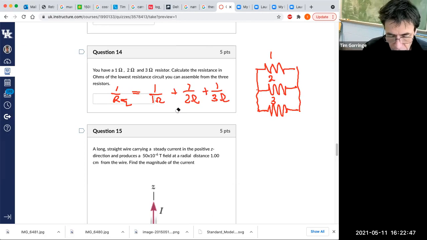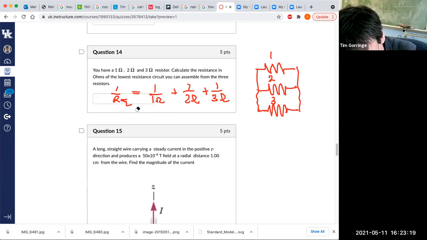Okay, so that's 1 plus a half plus a third. So let's make a common denominator. 6 would be a common denominator. So that's 6 over 6 plus 3 over 6 plus 2 over 6, which is 11 over 6.